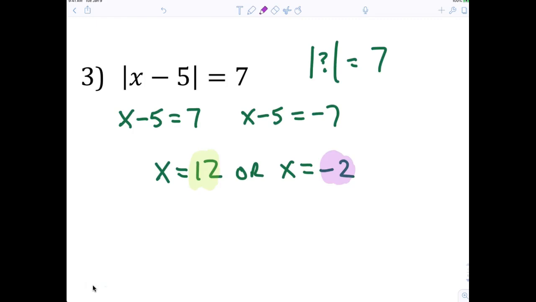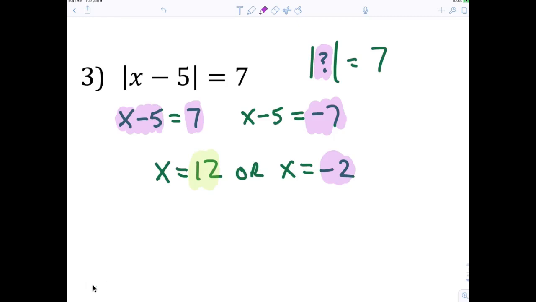So I want what is inside the absolute value, x minus 5, to be either what? 7 or what? That's how logical it is. That's all it is. You want what's inside the absolute value to be the number on the outside or the opposite. Is that right?